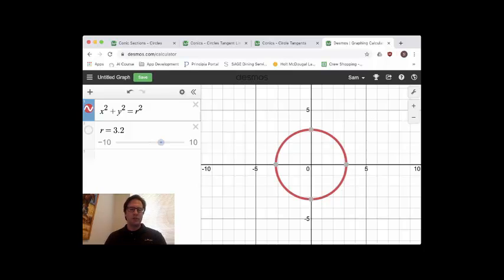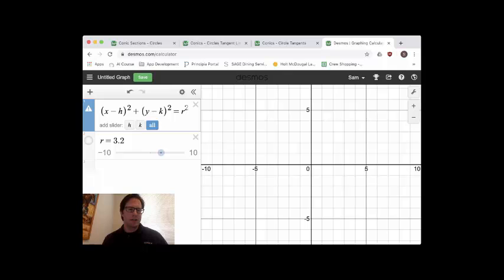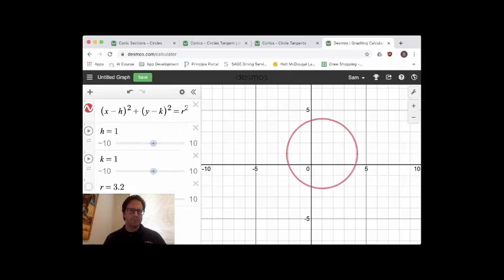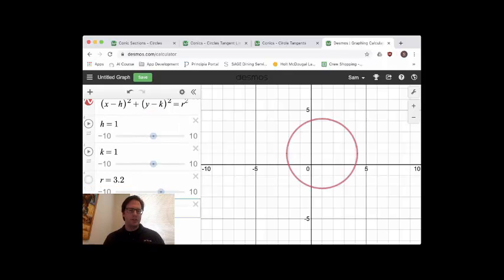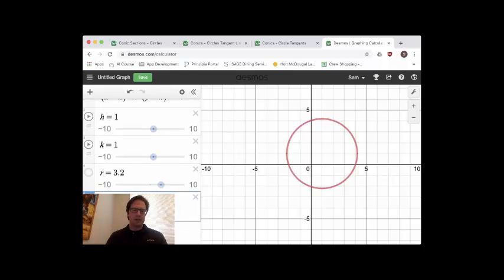So I'm going to do x minus h, square that, and then we will do y minus k. We'll square that. I will go ahead and add sliders for both of these. And just so you can see this, I'm going to add a point here, h comma k, which will be the center of our circle.